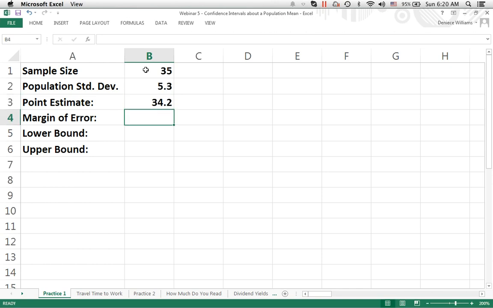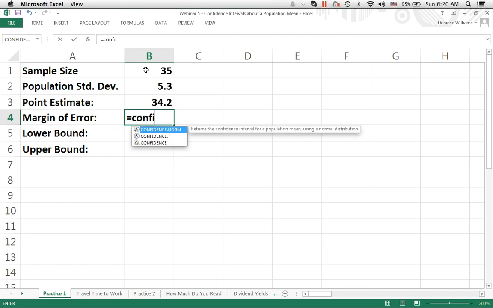Now I'm going to find the confidence interval by using the formula that was given in the presentation slide. I'm noticing that when I type in confidence, it comes up with two different formulas. We're focusing on the first one for right now because we know the population standard deviation. So confidence.norm, open parentheses, and then my alpha.